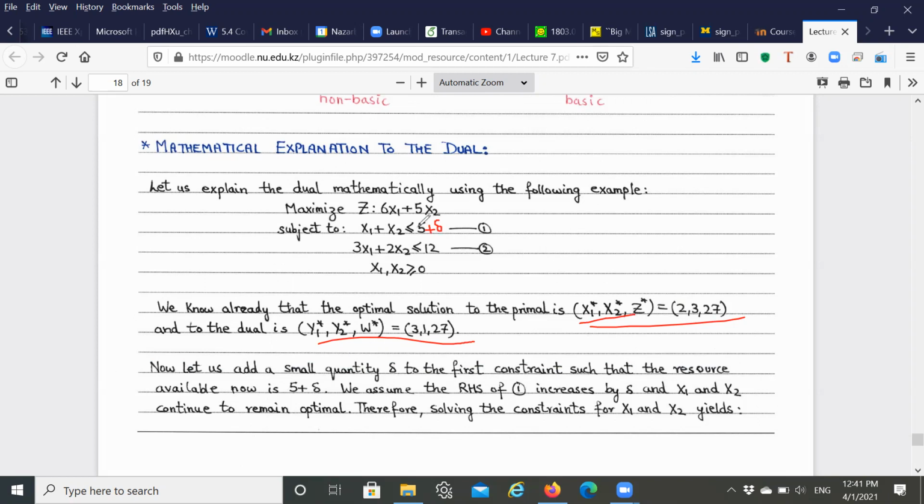So I'm adding to 5 some very small delta value such that X1 and X2 still remain our feasible solution. They don't change.